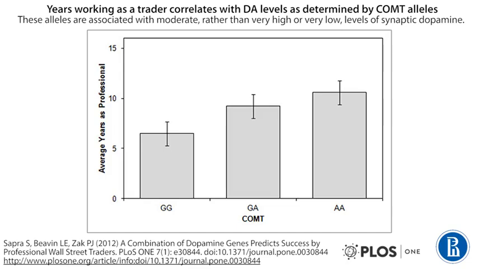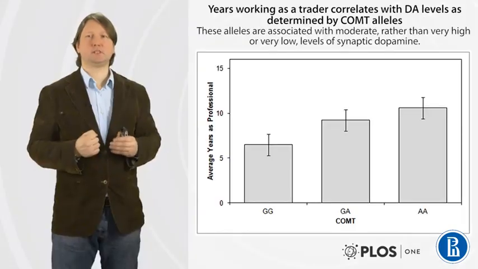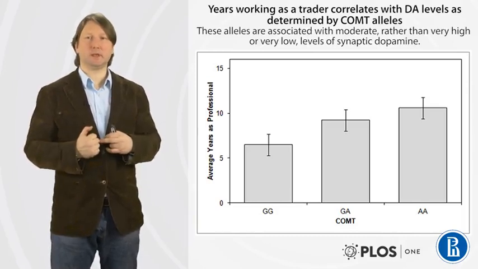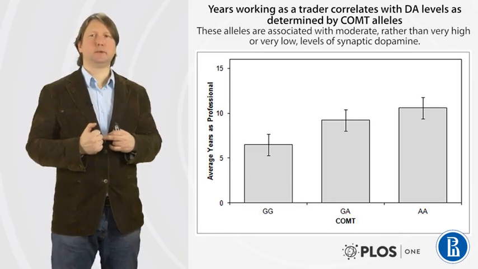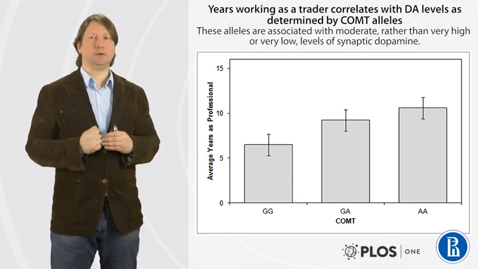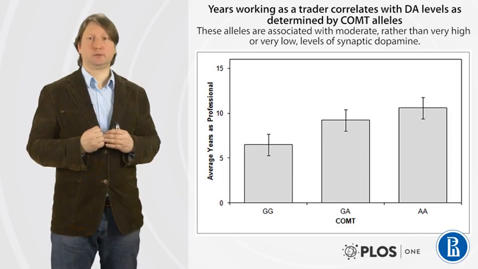These versions of the gene result in a higher level of dopamine in the brain. As we will learn from this course, dopamine is very much related to our reward system and our risk-taking behavior. So it looks like you need a moderate level of dopamine in the brain and perhaps a lower level of risk-taking to be a successful financial trader on Wall Street.